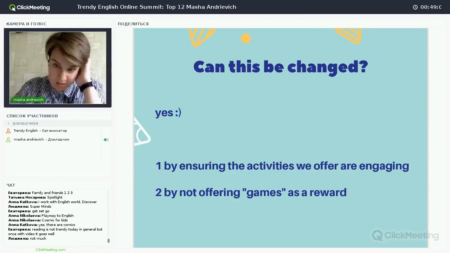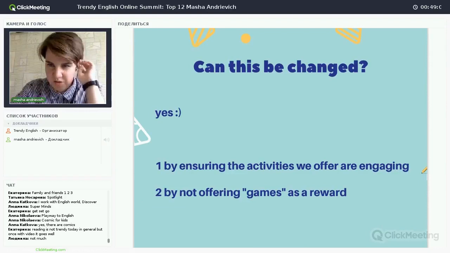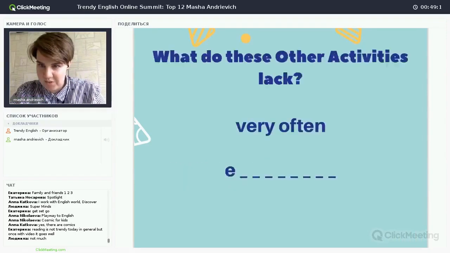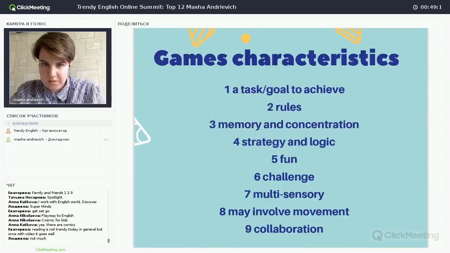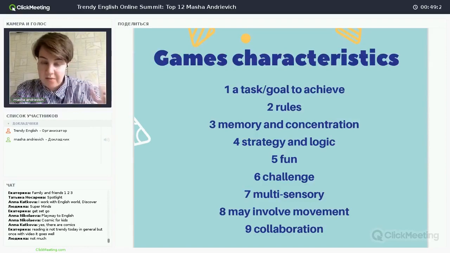Before we look at my example, let's refresh our understanding of the characteristics of games, the qualities that children enjoyed so much and why they enjoyed the games. So games, as we said, have a clear task, they have rules, they use memory and concentration strategy, they're fun, they have challenge, so they're not just easy to win.